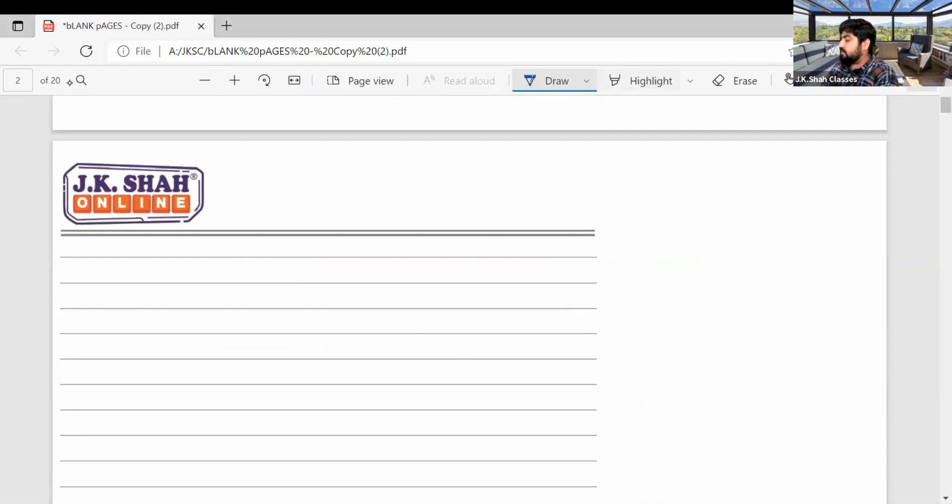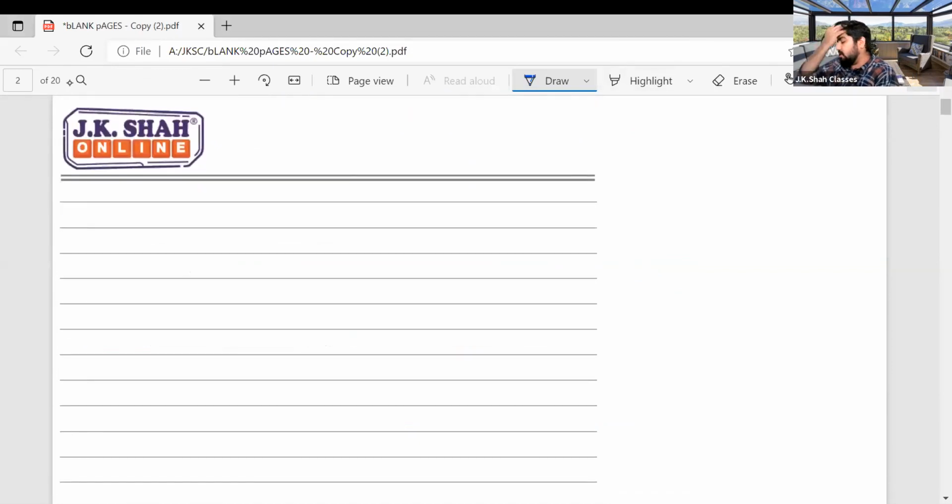Now, friends, when we are talking about government intervention, basically what is it? It is nothing but the solution to the problems that we have already discussed in our unit number 2. So unit number 2 was entirely problems. Now unit number 3 is focusing on the solutions to the problems. Okay, so let's begin. This is just a basic introduction part.